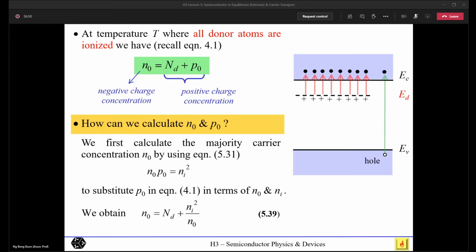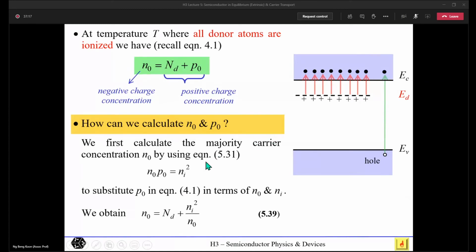This comes about because of conservation of charge in the semiconductor. With this one equation, if the ND value is known, we're trying to find out what N0 and P0 are. So one equation, two unknowns; you need another equation to solve this and find out N0 and P0.